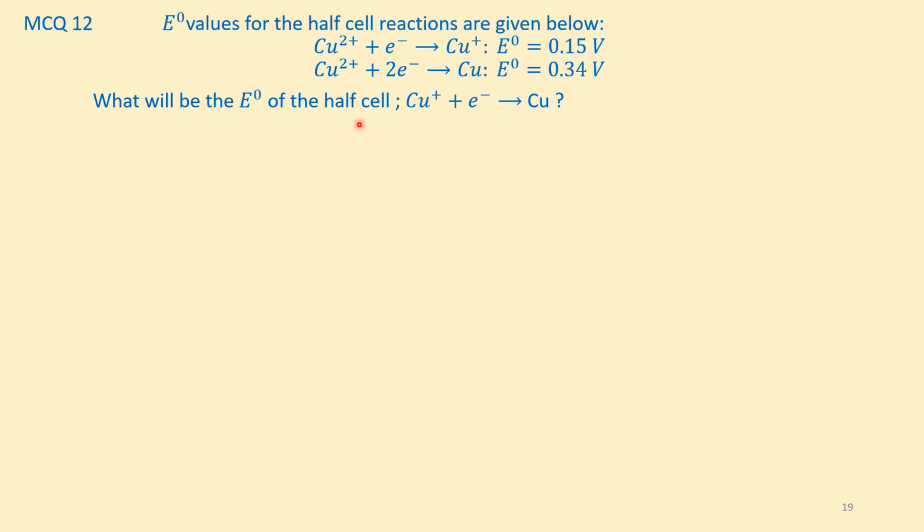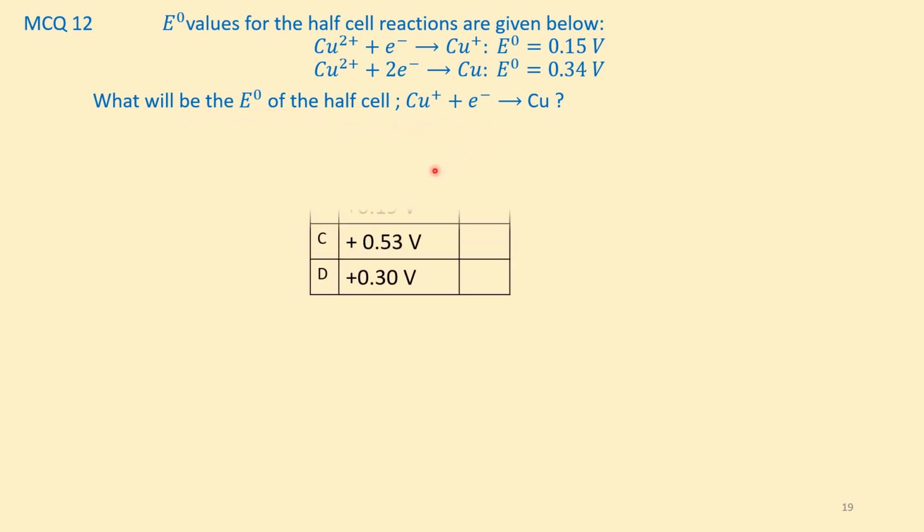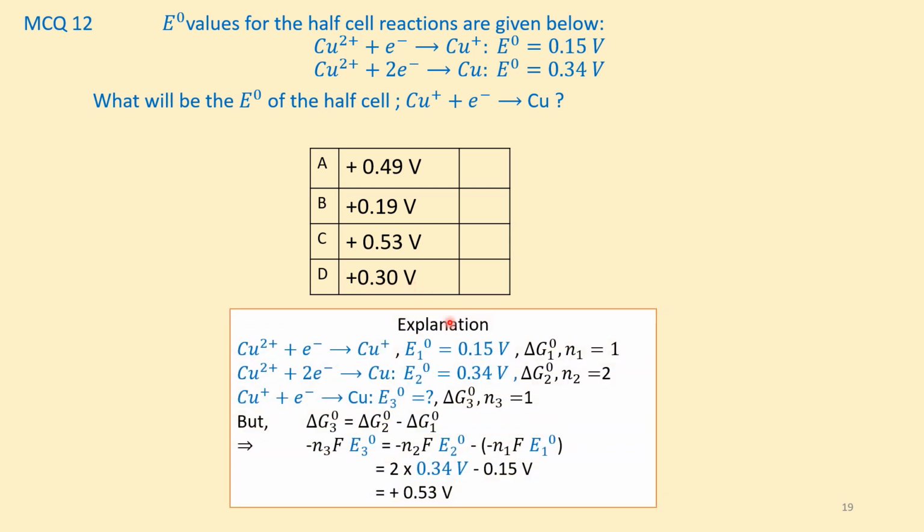Please read the question once again. Four options are given: A, plus 0.49 volts, B, 0.19 volt, C, 0.53 volt, and D, 0.30 volts. All are positive. So you have to calculate.